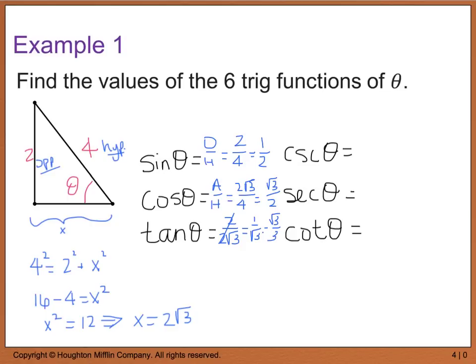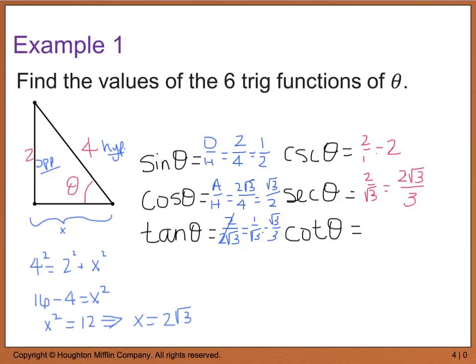Cosecant then is just the reciprocal of sine, so if I reciprocate 1/2, I get 2 over 1, which is just 2. Secant is the reciprocal of cosine, so I have 2 divided by the square root of 3, and if I rationalize, I end up with 2 square roots of 3 divided by 3.